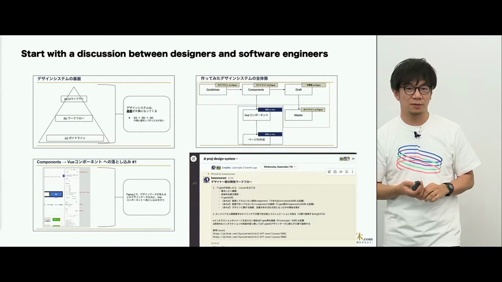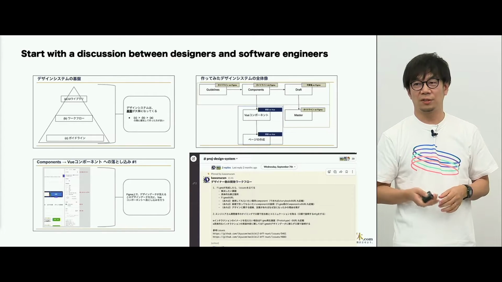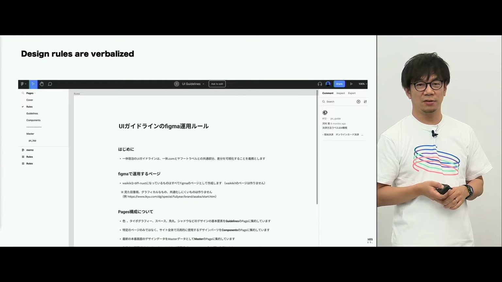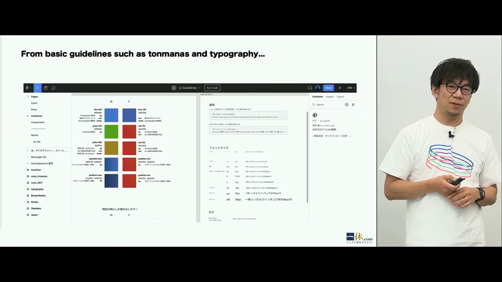We had a lot of discussions. An external expert was invited, and we did team building. Then the design guidelines were documented.